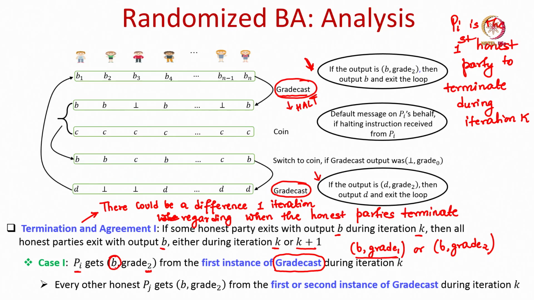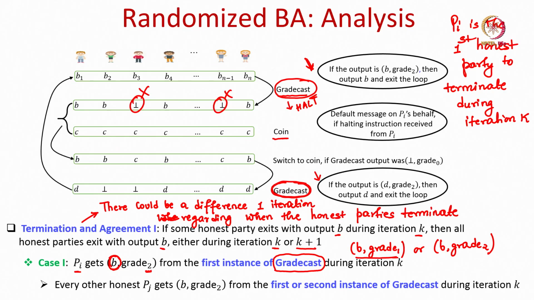That means, on behalf of Pi, everyone will consider the message B as input during this second invocation of Gradecast, and anyhow all other parties who are still participating physically during the second invocation of Gradecast have the input B. They will never switch their input to the output of the coin, because they will not obtain bot from the first invocation of Gradecast, and that will ensure that from the second invocation of Gradecast, every party who is still running the code physically by actually sending the message will obtain the output B with highest grade.